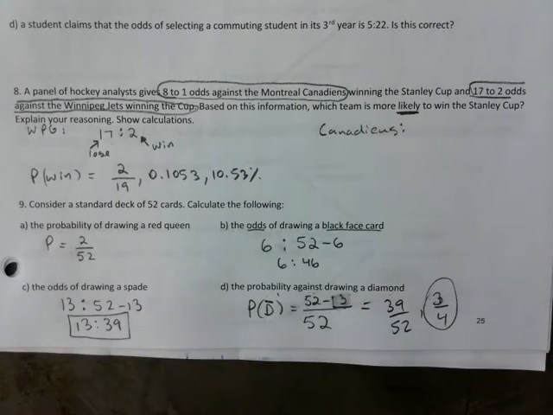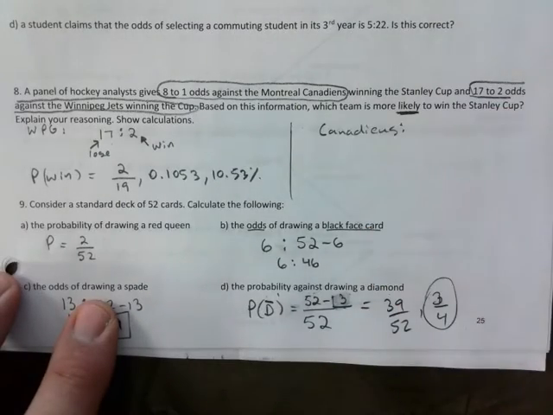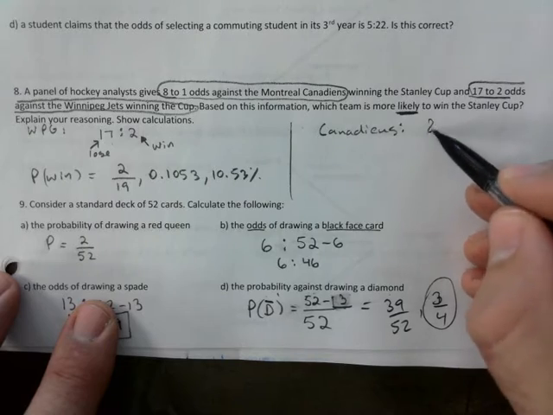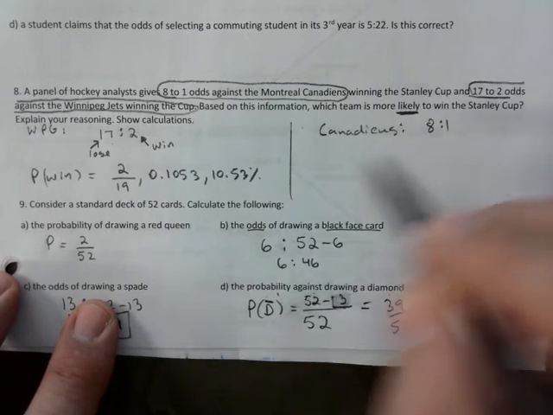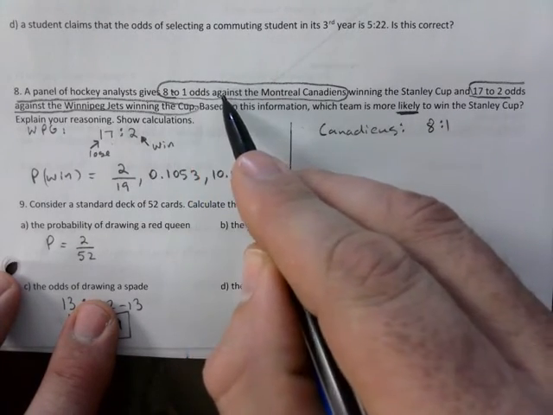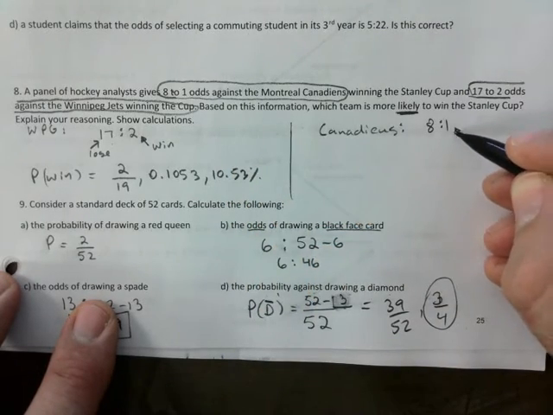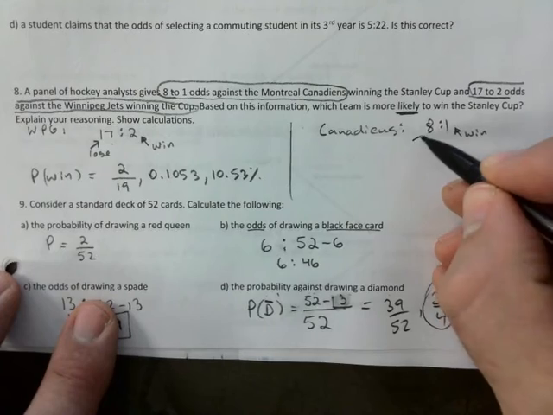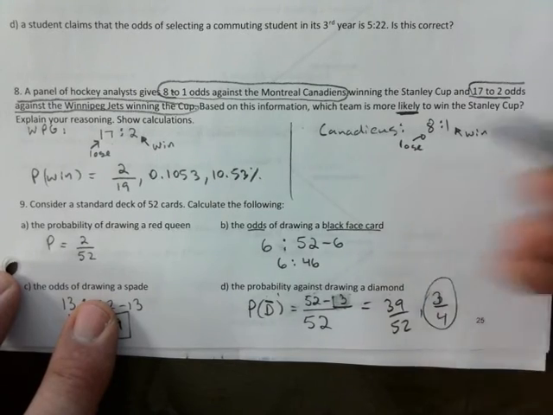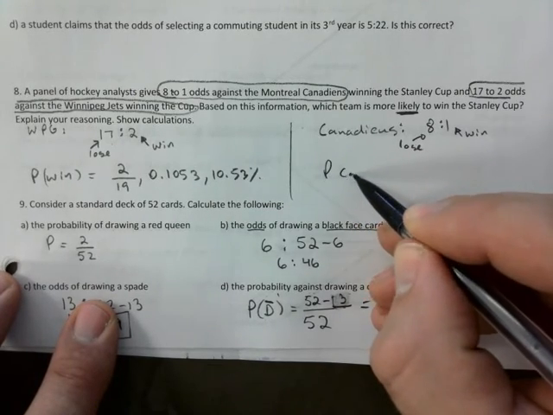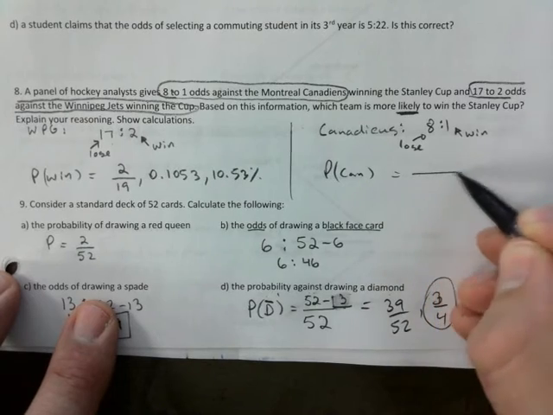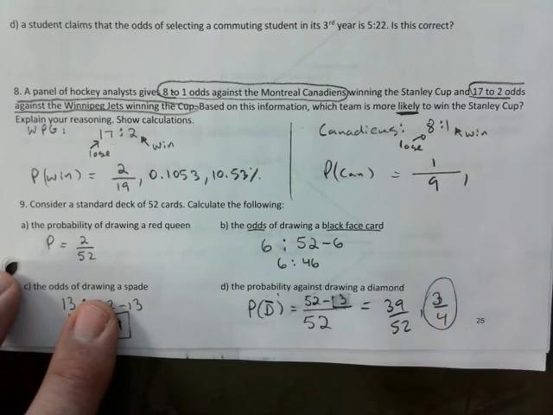But this is compared to all the other teams, right? Canadiens, that's 8-1. What do the numbers represent? Well, it says odds against winning. That means this is them winning, this is them losing. So probability of the Canadiens is 1 over 9.